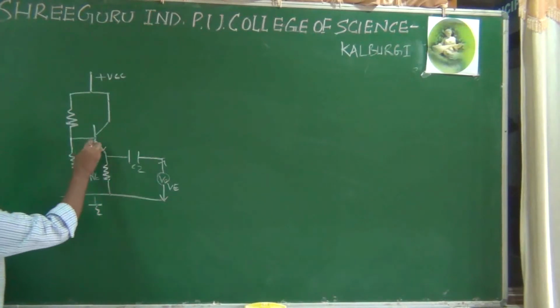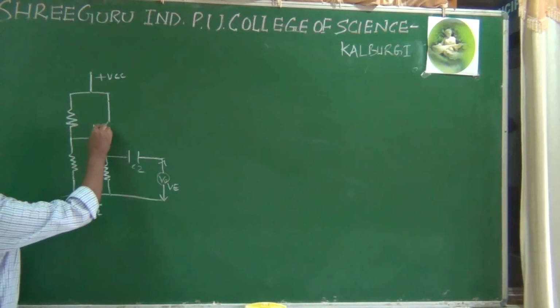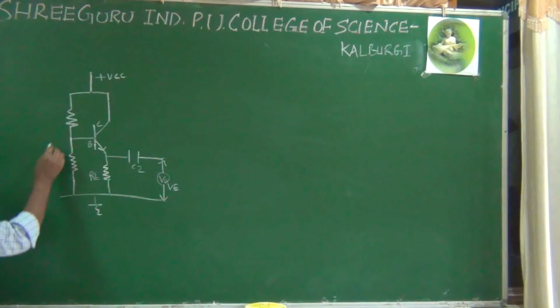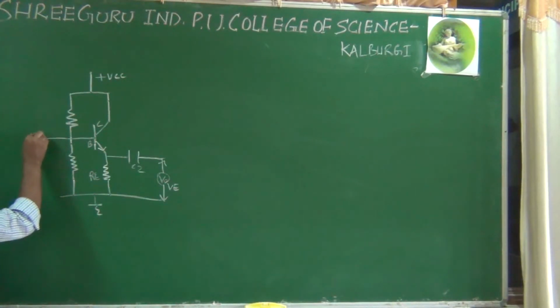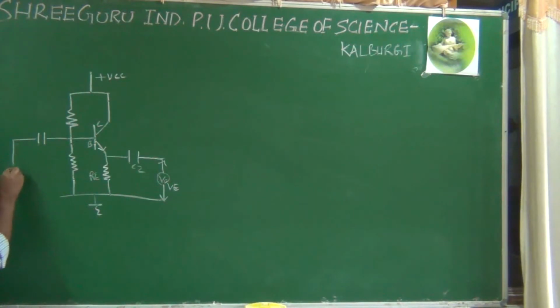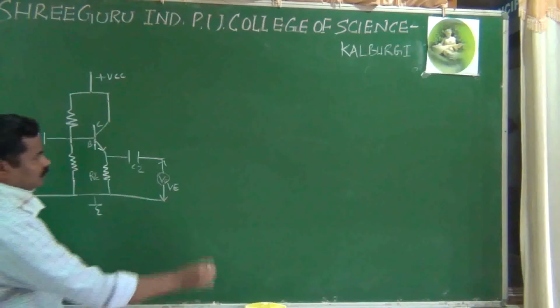This is your base, and this is your collector, and now you can apply an input signal. As we use a capacitor here, connect a capacitor and apply the input signal Vi. Here we get the output signal.